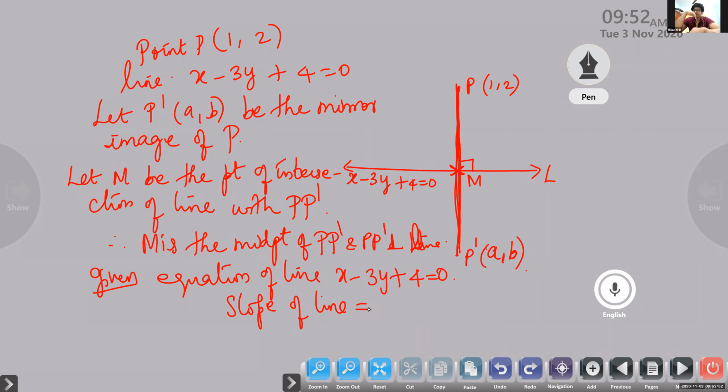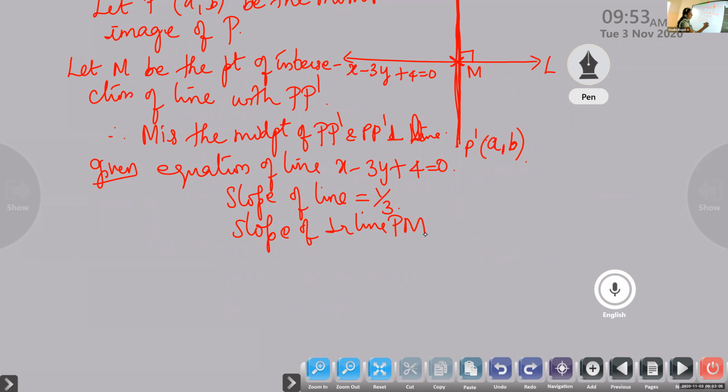It is 1/3. So Ashwin, what is the slope of the perpendicular line? It is -3.